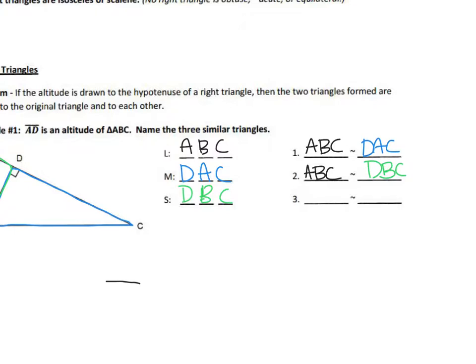So my last statement is then going to be that triangle DAC is similar to triangle DBC. And I should have my little triangle symbols in front of all of these because we are talking about triangles here. So we have three different sets of similarity statements for all three triangles.